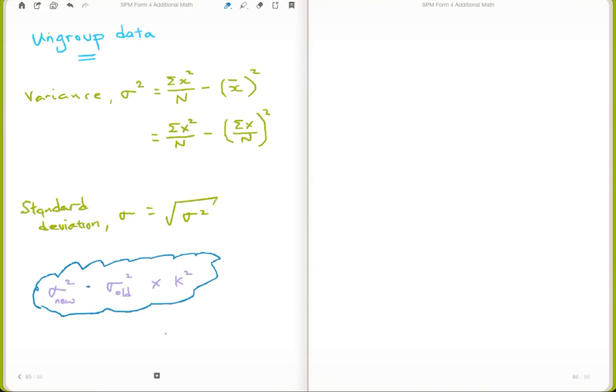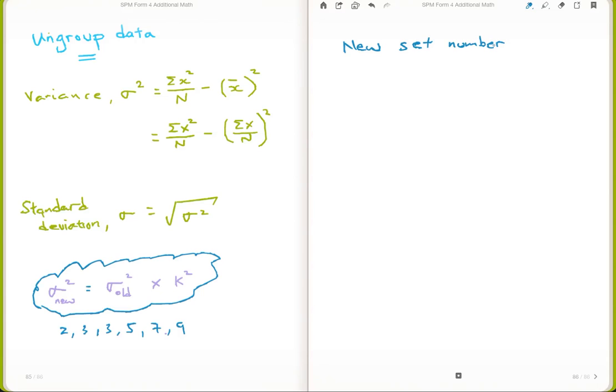Due to the fact that if you have your old set of data, maybe 2, 3, 3, 5, 7, 9, this is your old set of data. You get the sum of squares to get the answer. Then your new set of numbers, you times it with k, and then you plus a number b.